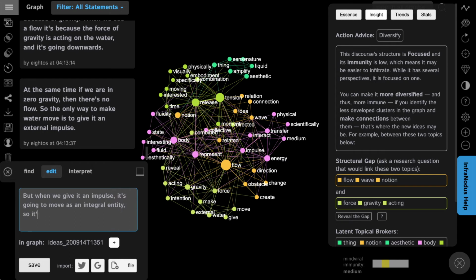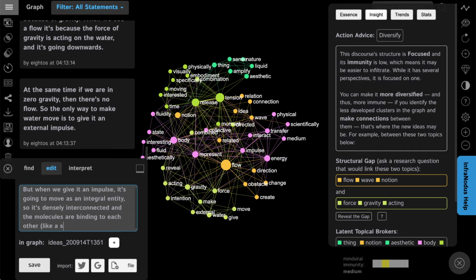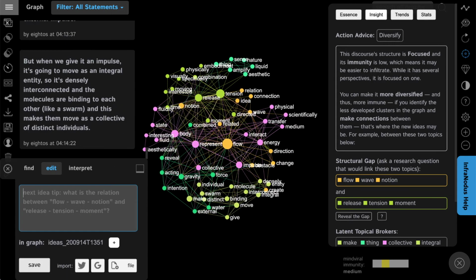So it's densely interconnected and the molecules are binding to each other like a swarm, and this makes them move as a collective of distinct individuals, of exploring this idea here.